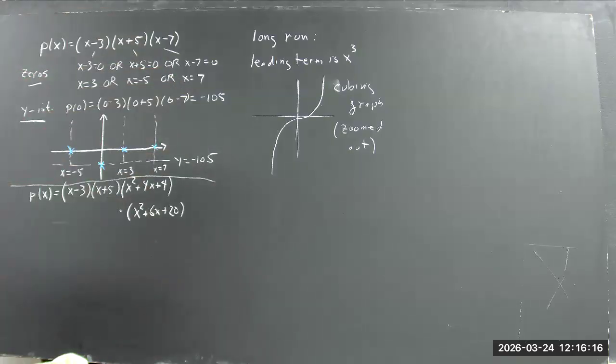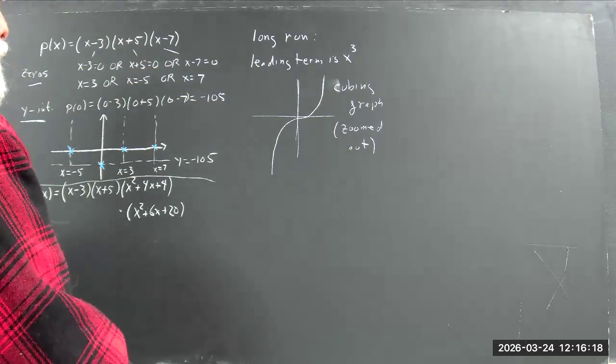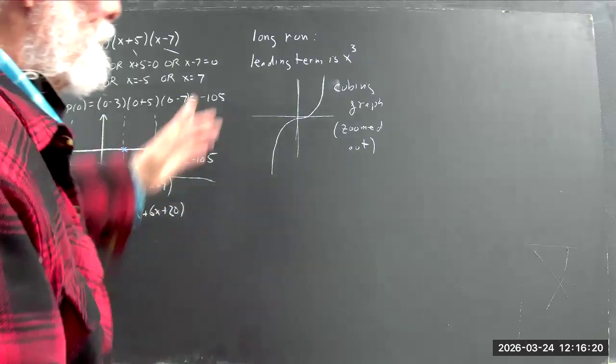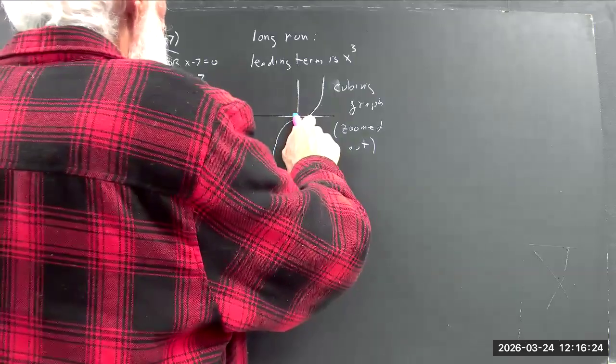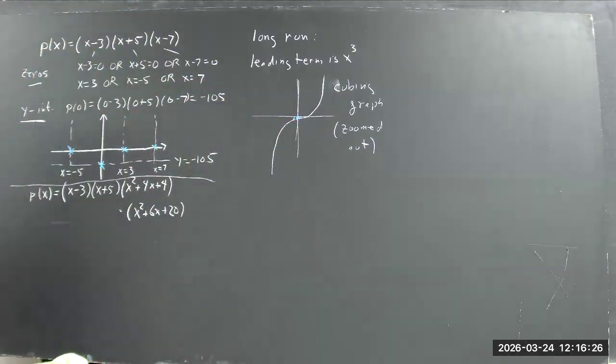Now, the way I usually say this is the graph is basically an x cubed graph with some wiggles in the middle, some wiggles near the y-axis.